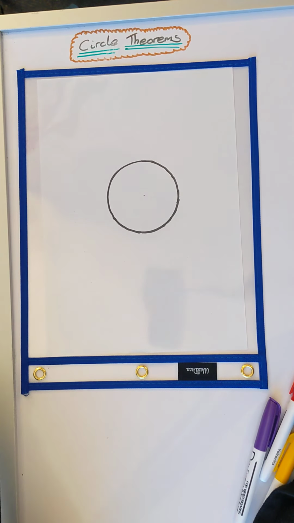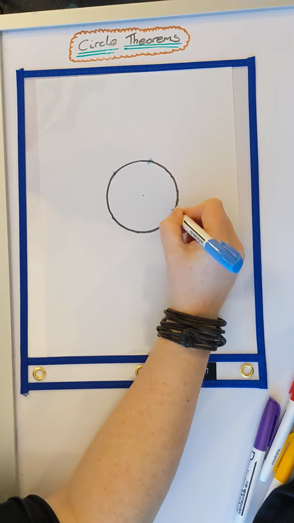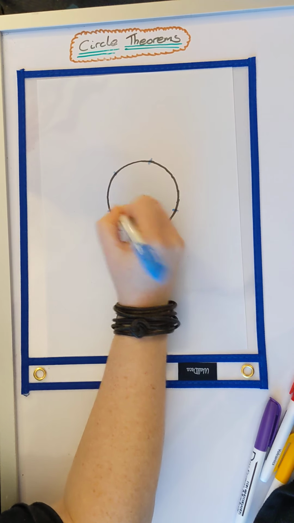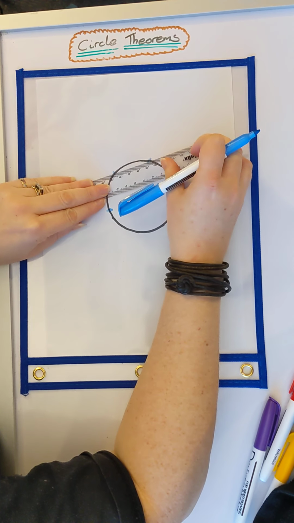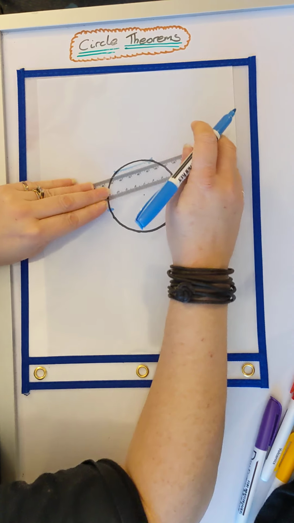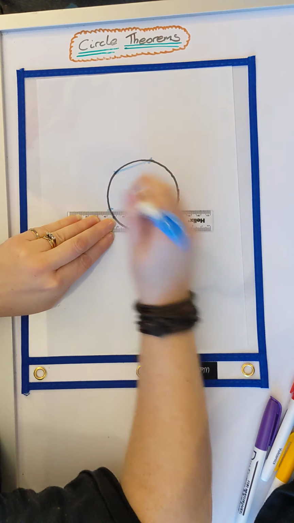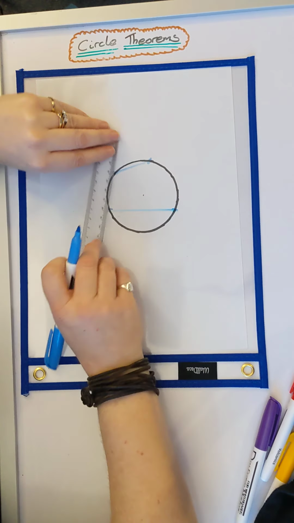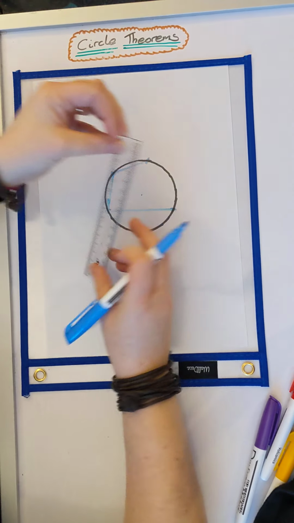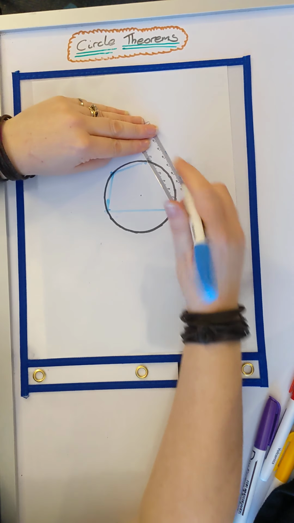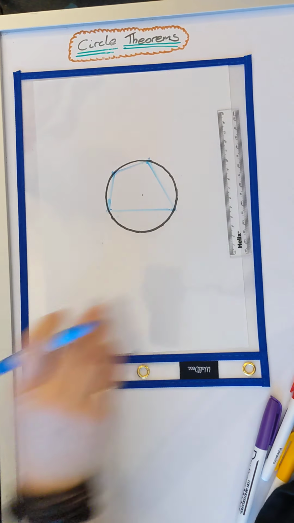Right. If I choose 4 points on the outside edge, and create a quadrilateral, a 4-sided shape, very deliberately not chosen a square or a rectangle.